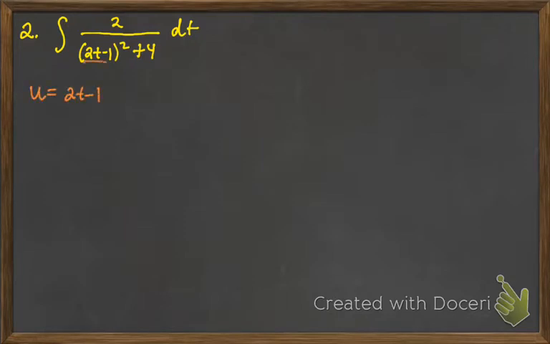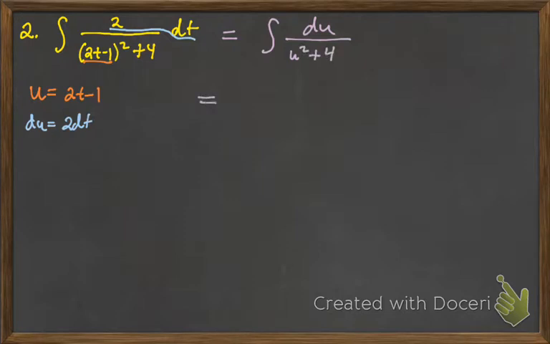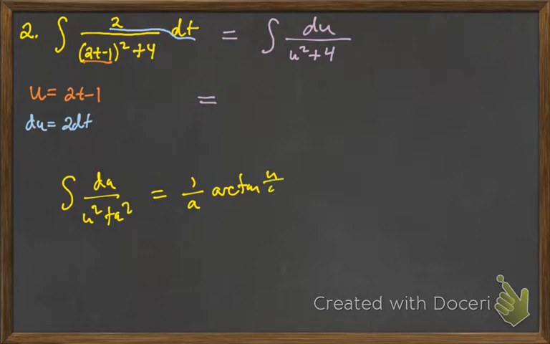So U is 2t minus 1, then du is going to be 2 dt. So we're going to at least make that a replacement. So the numerator will become du, and the denominator will be u squared plus 4, and that is exactly the arctan. What did we say arctan was? So if we had du over u squared plus a squared, that was 1 over a arctan u over a plus c.